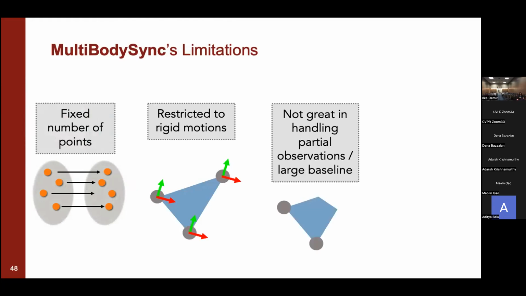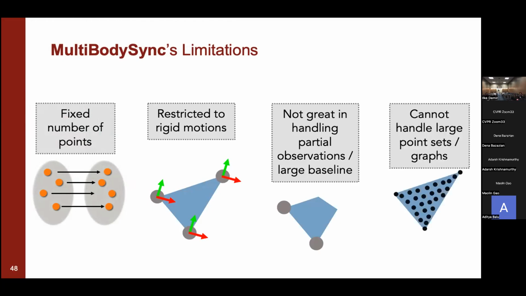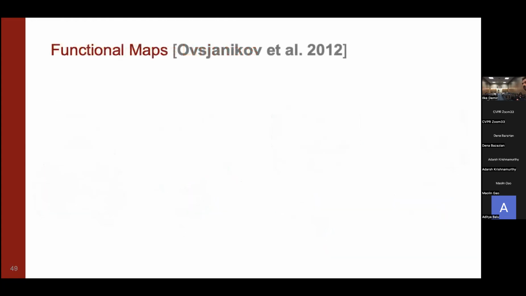It's not really great at recovering partial observations, also because all these points that you pick have to be somewhat correspondable, if you see what I mean. And we cannot handle large point sets. We do synchronization, and you have seen this giant Laplacian matrix where each single element was a permutation matrix on its own. That's why you cannot really scale to thousands of points. So we have to do something smart about it.